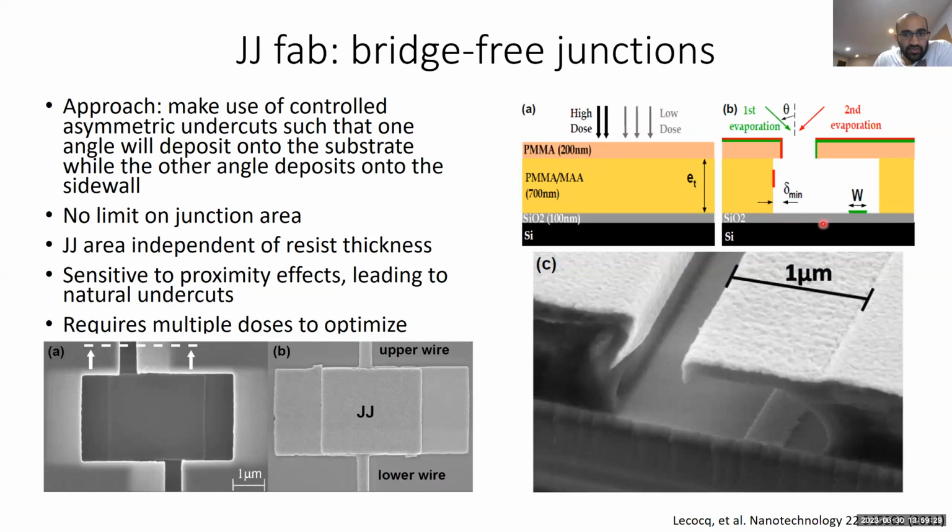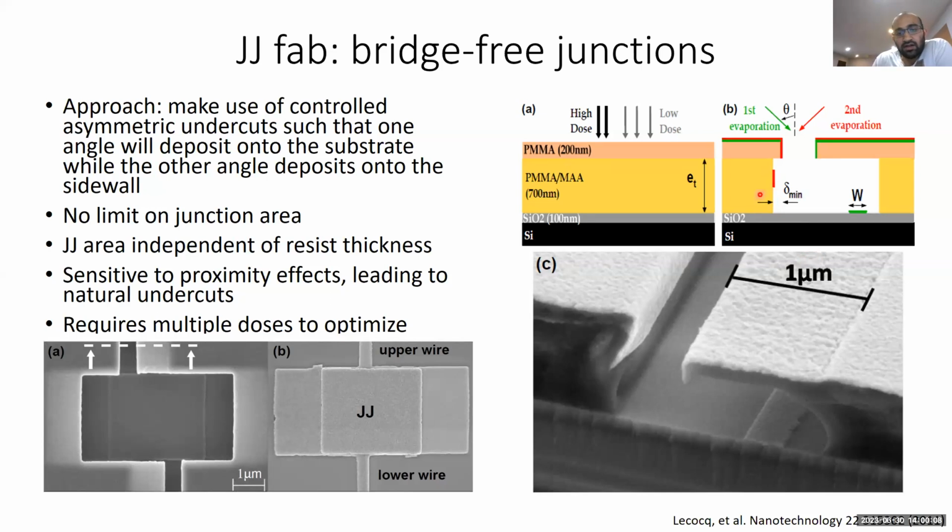This is what I like to call a natural undercut, and it occurs due to a proximity effect. This proximity effect is due to either scattered electrons during your e-beam writing, where your electrons scatter against your substrate, exposing regions of resist adjacent to your pattern, or to secondary electrons that are re-emitted by your substrate.